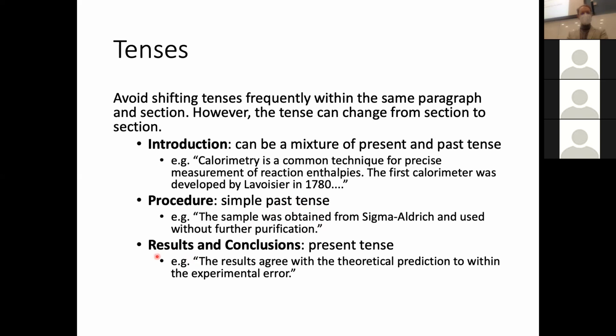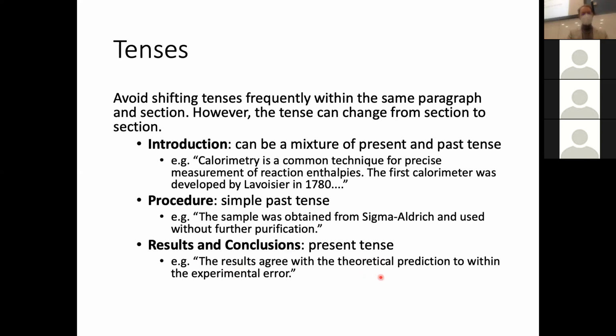Okay, and then finally, the results and conclusion section. Maybe when you're presenting a final conclusion, it's appropriate to put a sentence in past tense. We obtained a value of X, but if you're writing conclusions that are generally true, then you should use present tense.